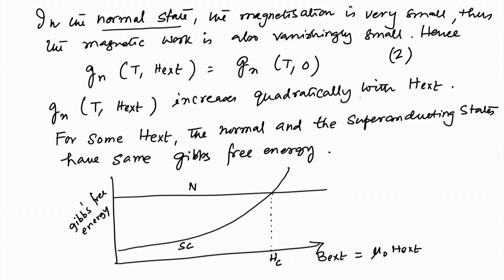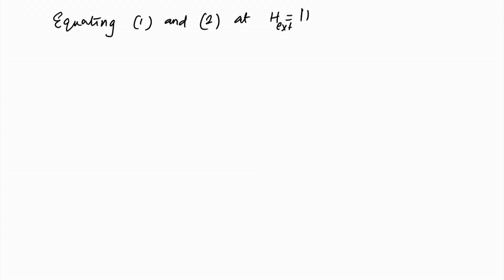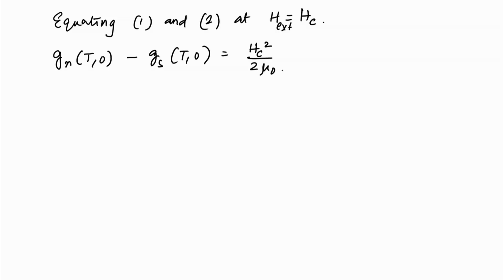And if we equate 1 and 2 at H external equal to H c, then g_n(T, 0) minus g_s(T, 0) equal to H c square over 2 mu 0.